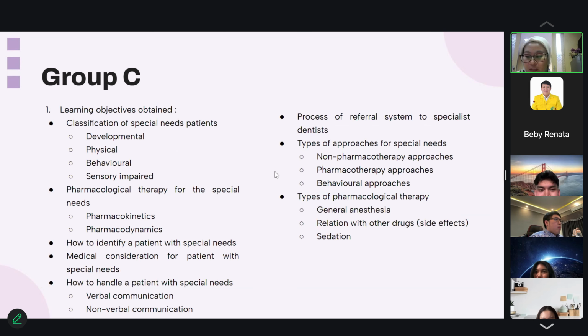Okay, and group C, the learning issues and the unanswered questions were a bit different from those previous two groups. Group C mentioned the classification of special needs patients, pharmacological therapy, and the referral system to specialist dentists.